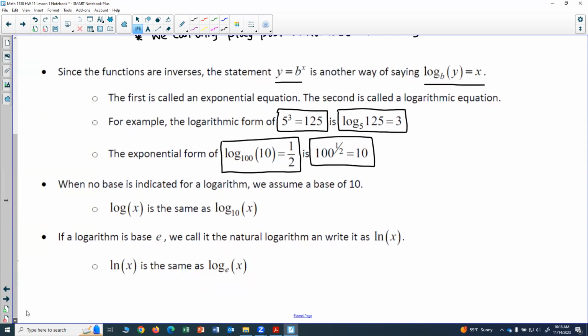When no base is indicated for a logarithm, we assume a base of 10. So seeing this log of x, that's the same as saying log base 10 of x. And we actually have a special name for this because log base 10 shows up so much. We call this the common logarithm.